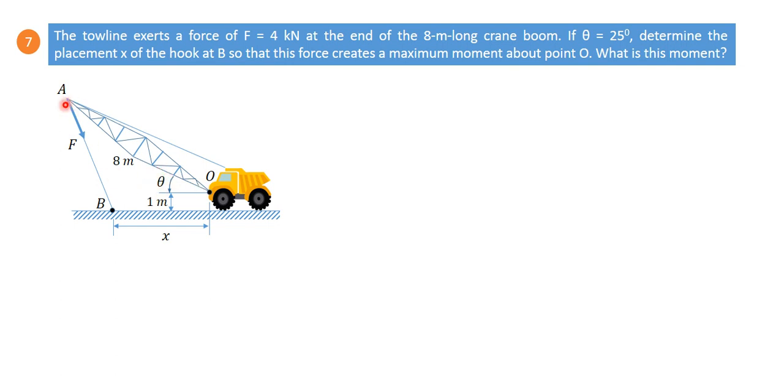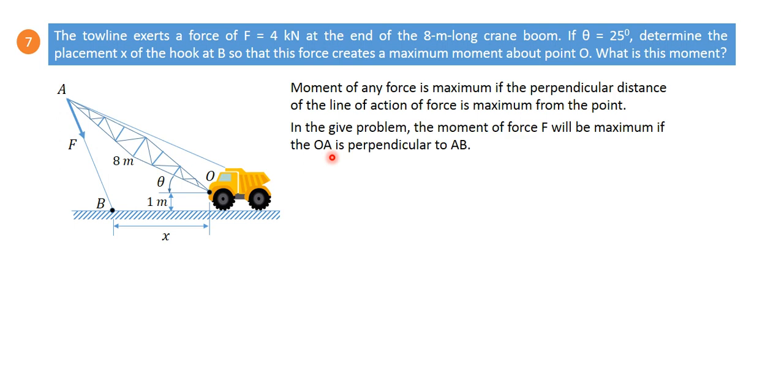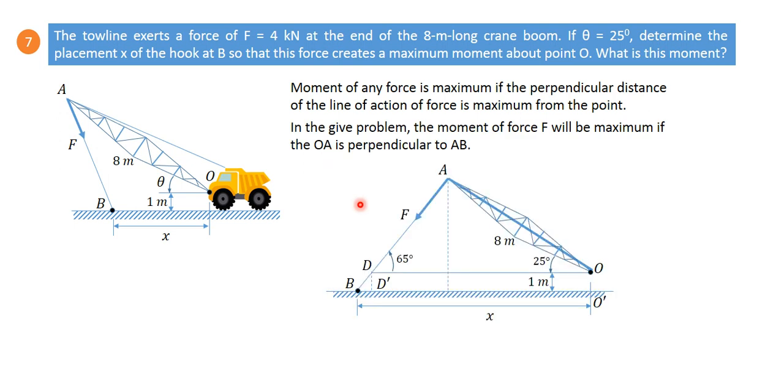So it means we need F in such a way that AB is perpendicular to OA, and that will be the block position when this is producing maximum moment. So we can have this type of configuration, with AB perpendicular to OA to get this maximum moment.